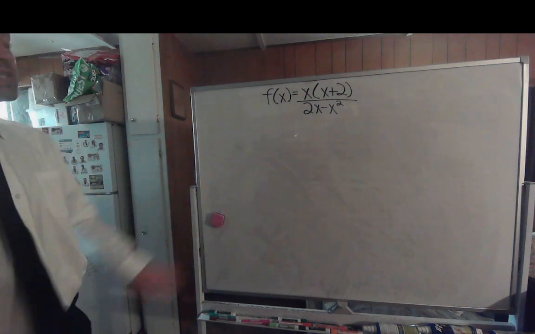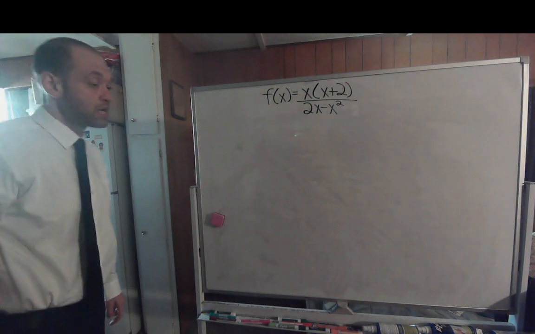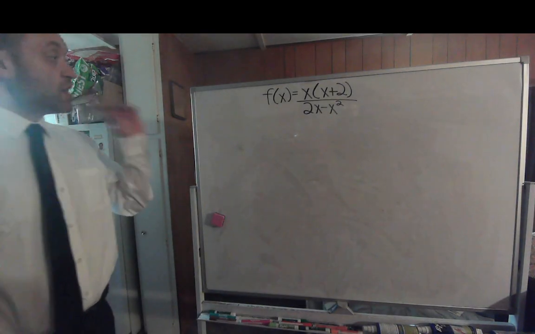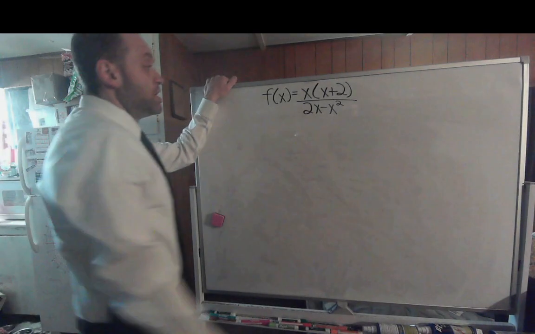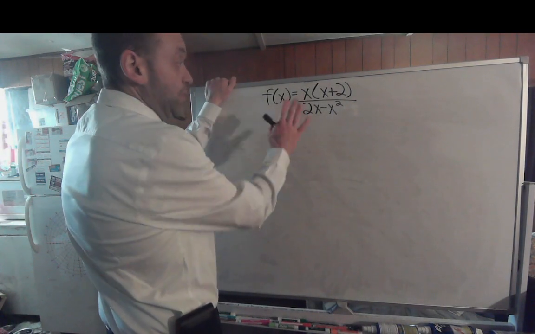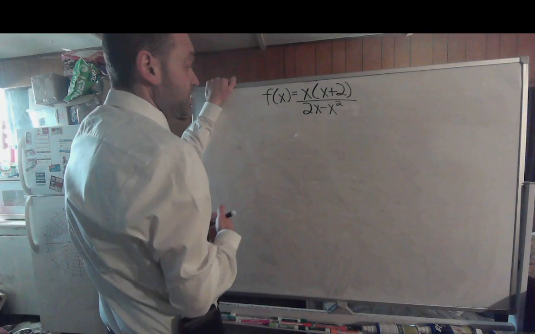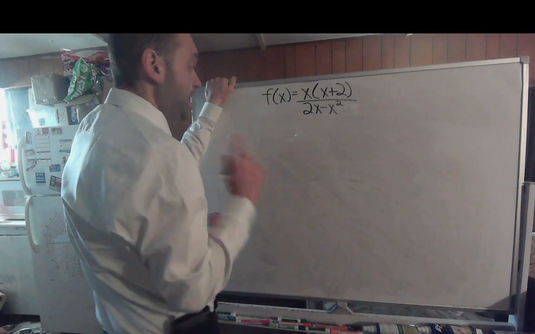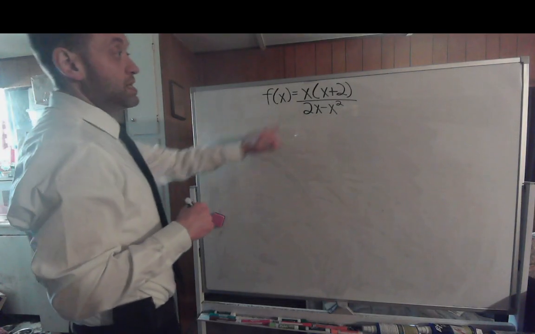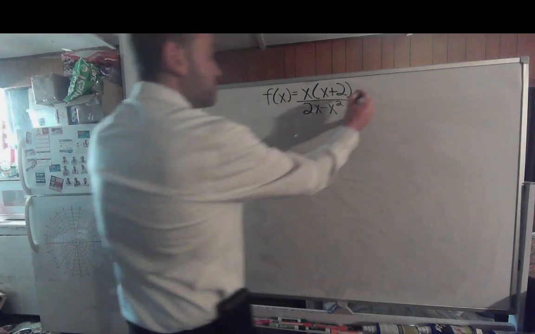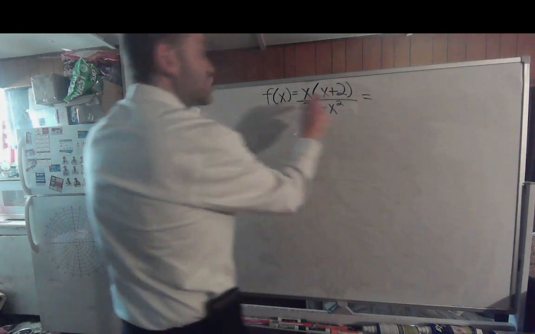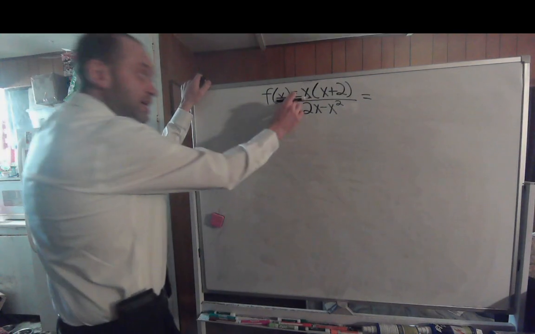Well, let's look at this here. You're definitely going to be able to cancel some things out. Now, you want to keep the original in mind. Wouldn't this be the same as, we're going to expand out the numerator, but we're going to leave it this way too.